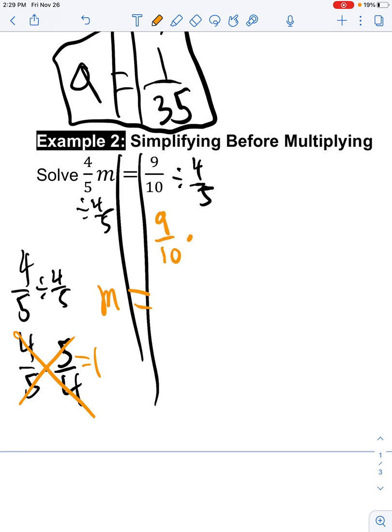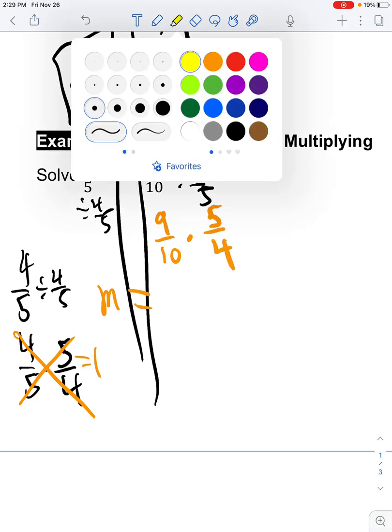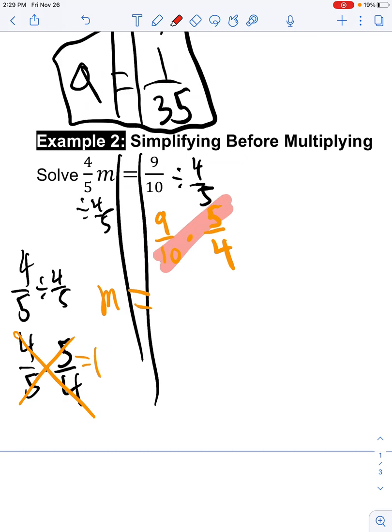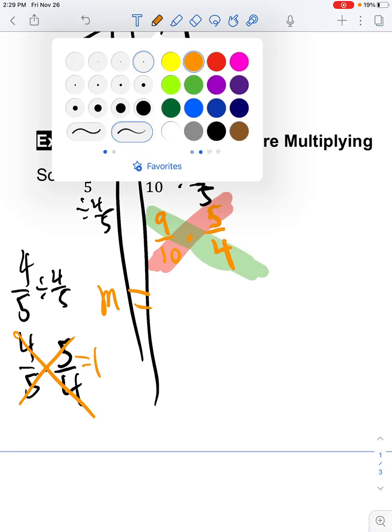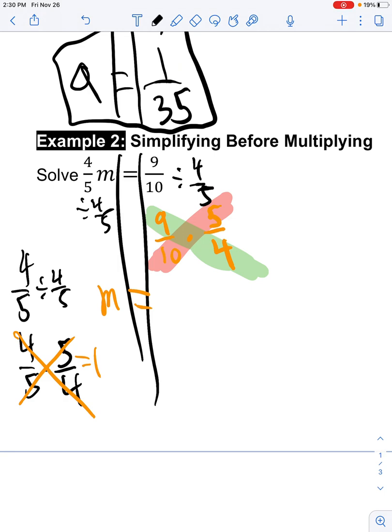And now I'm going to set this equation up first. So keep, change, flip. Remember, we want to look diagonally. Is there anything here or anything on the other diagonal that I could potentially simplify? And I do see something. I see I have a 5 and a 10. If I do 5 divided by 5, I get 1.